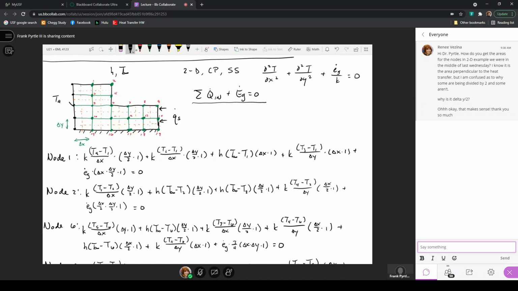So for node number 10, all of this area is said to have a temperature of T10, but we know that there are multiple temperatures that would exist.